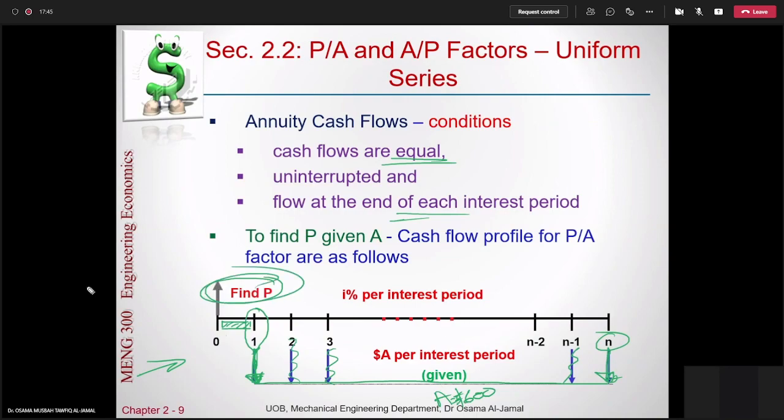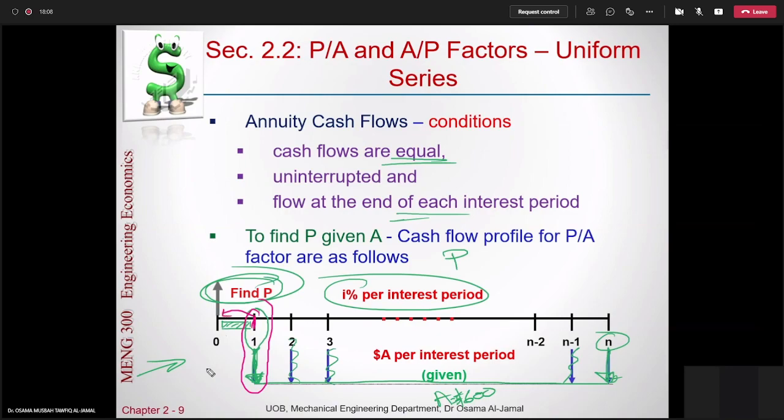We want to find that P. You need to put the interest at the top of the cash flow diagram. We want to find the P here. Notice P, where is it? The first cash flow.